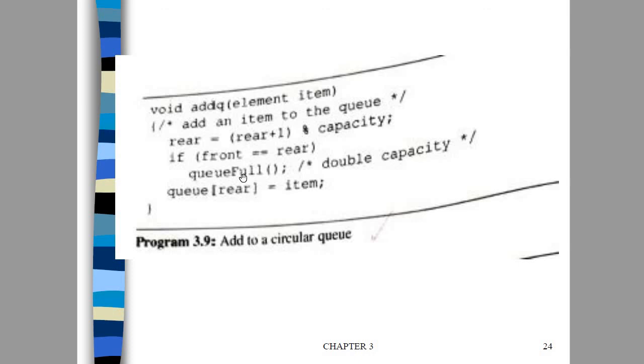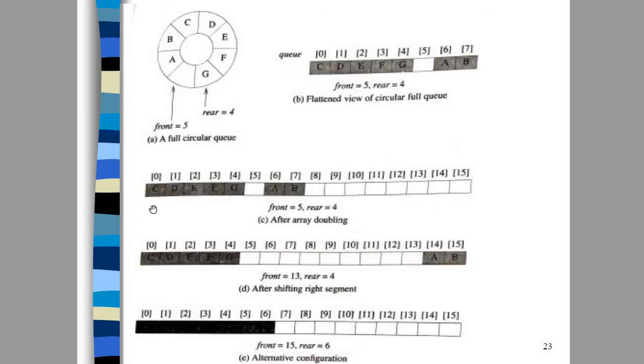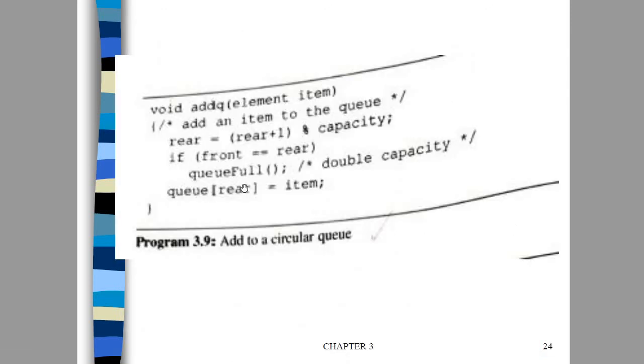The queue full function will double the queue size and copy the first segment of the circular queue to the front of the new queue, then after that the second segment will be copied. If the queue is not full, then in the else part you write the element to be copied to queue of rear.